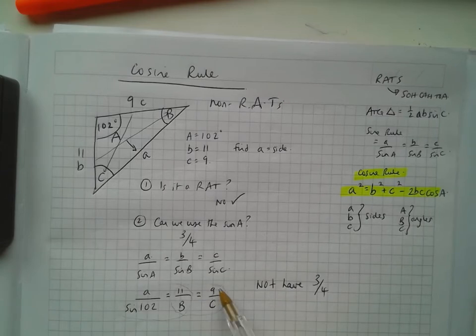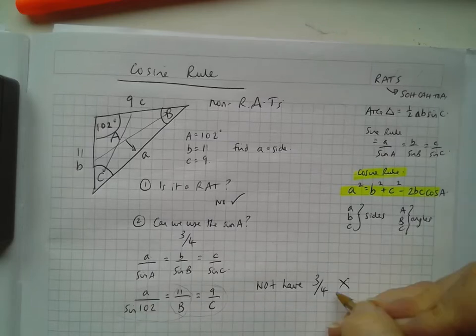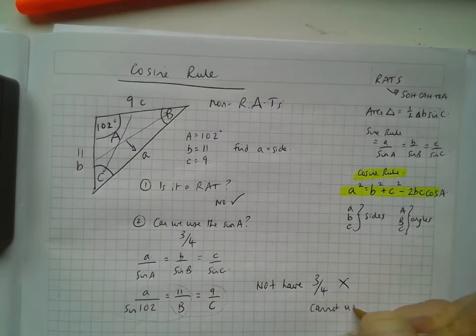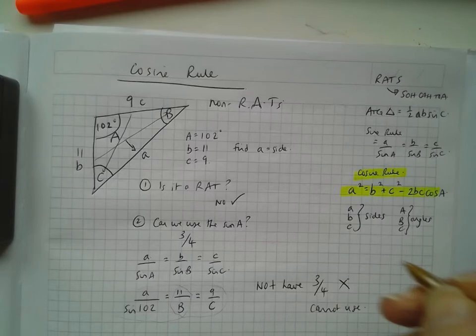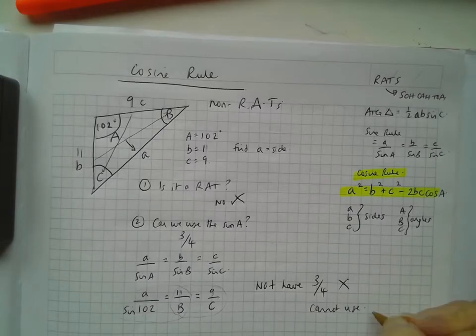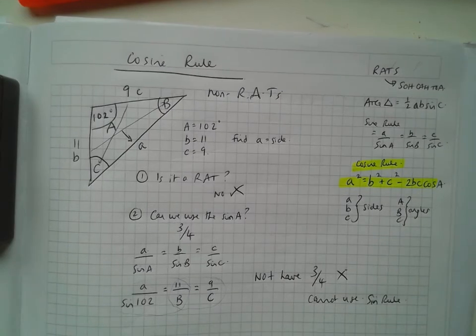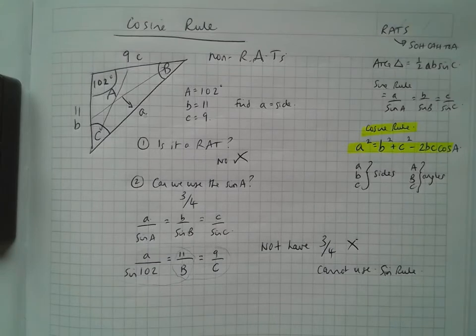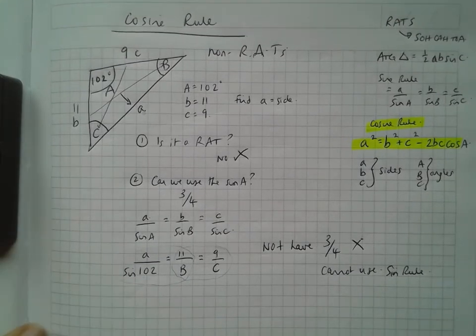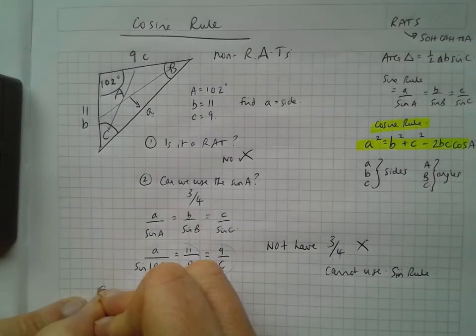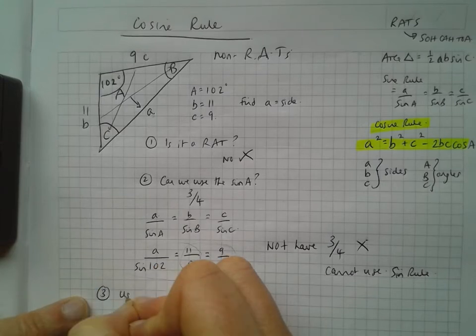So we cannot use the sine rule. What we tend to do is always look and see, can we use the sine rule? Having concluded that we can't, we decide we have to use the cosine rule. Any questions about why we can't use the sine rule?